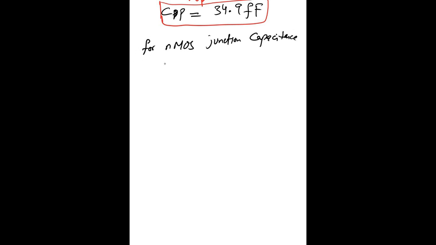We have a similar formula: CDN is equal to 1/2 CGN plus CN, and this CN is given by CJ times AN plus CJSW times PN. If I correct it here, this is our PN.